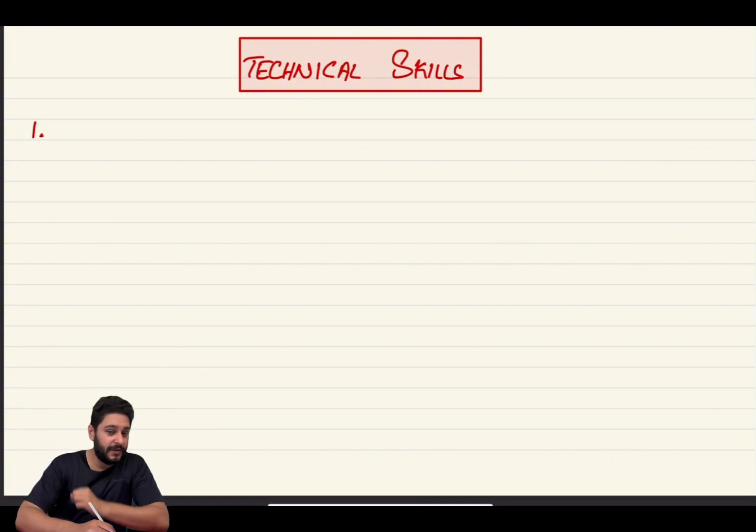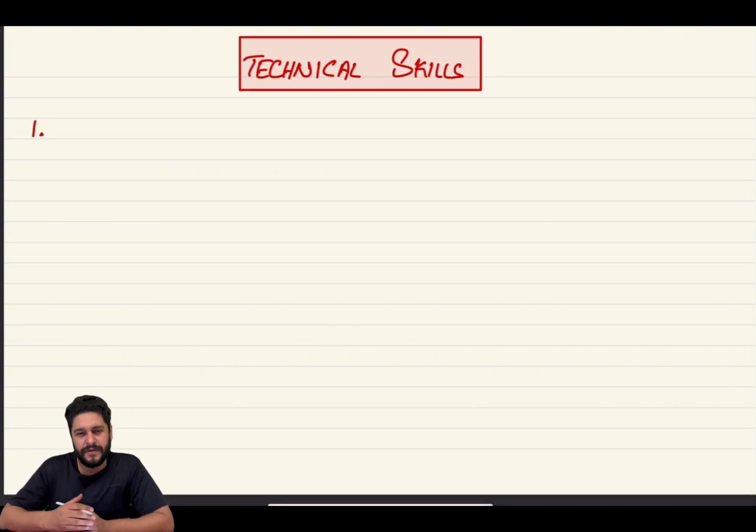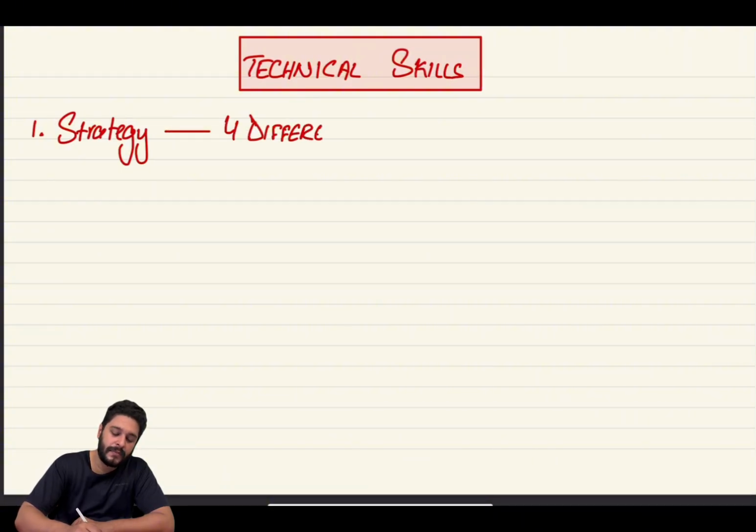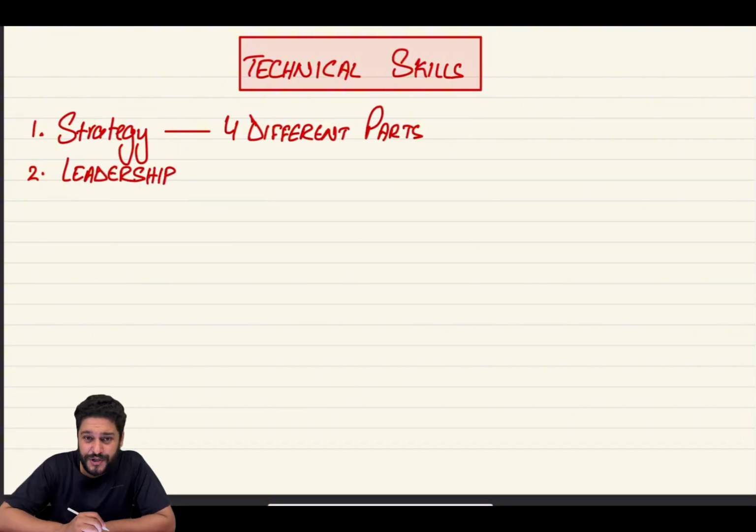So the first chapter, obviously, is strategy, and it includes four different parts. After strategy, we have leadership.